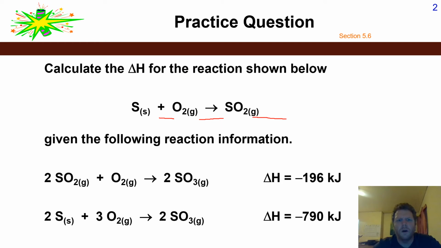The first is 2SO2 plus O2 yields 2SO3, and that has a delta H of negative 196 kilojoules. The second is 2S plus 3O2 yields 2SO3. So I see all of the different components there, but I just don't know what to do with that. I'm so confused.